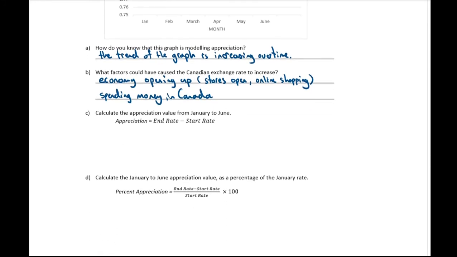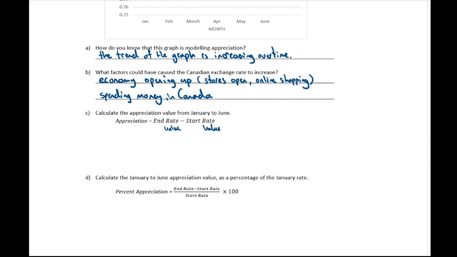So we want to look at starting to calculate the appreciation value from January to June. So to figure that out, we have a formula where appreciation is equal to the end rate minus the start rate, or basically the end value minus the start value. Right, so you could say value as well, depending on what you're looking at.